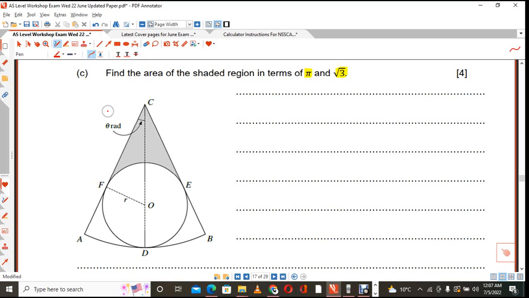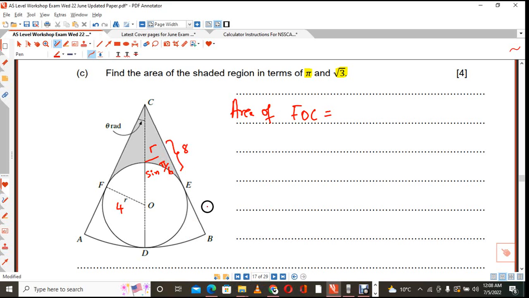There are many ways that one can do this. I'm going to start off by finding the area of FOC, which is that right angle triangle there. Remember this was 4, and remember this was 4 over sine of pi over 6, which if you calculate, you realize it's 8.